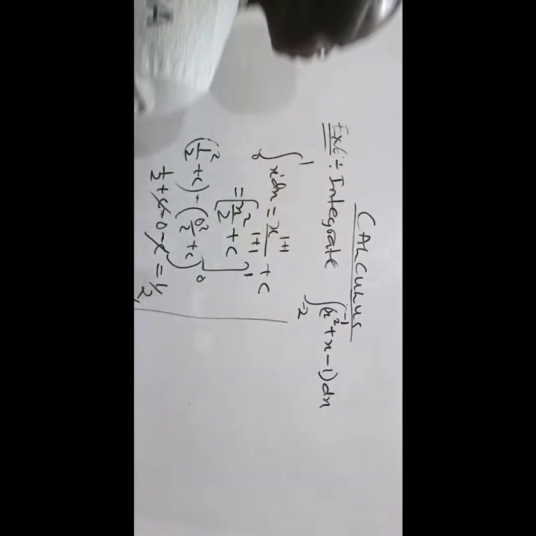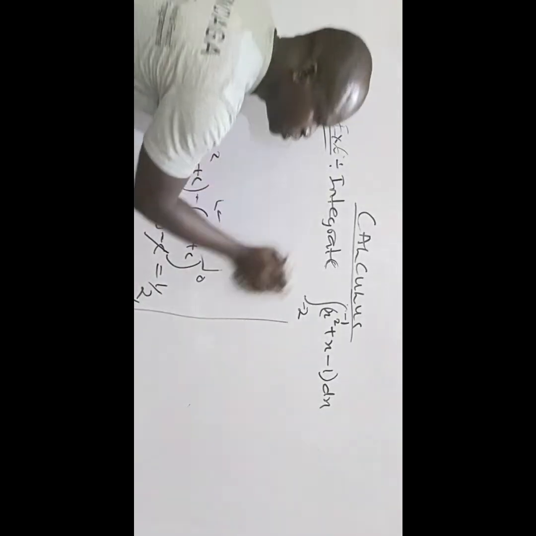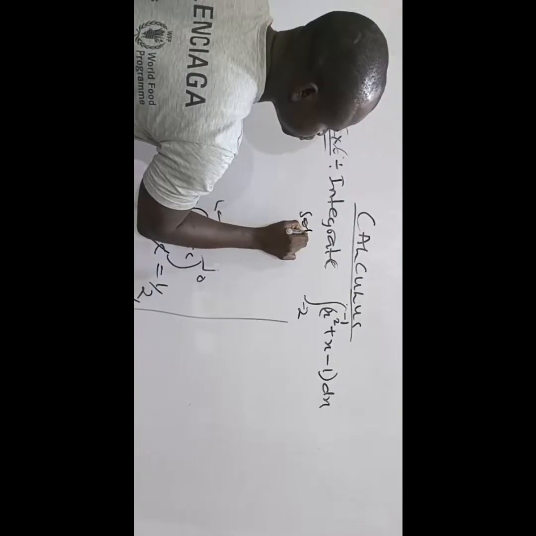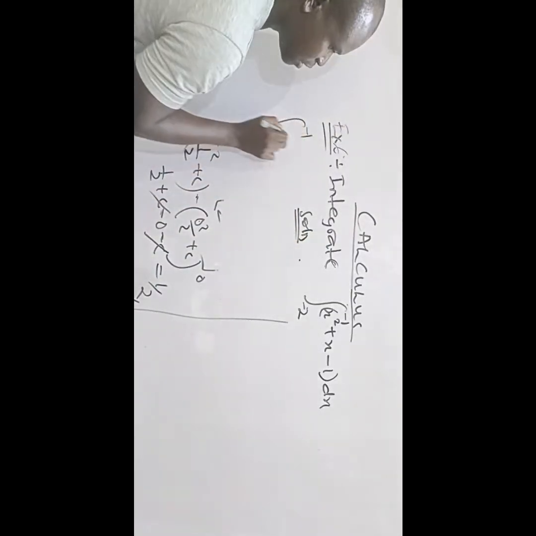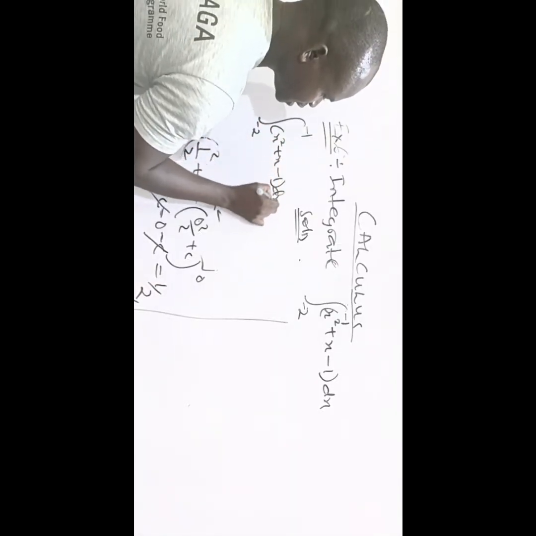These are the bounds. Since we have lower and upper bound, you don't need to put arbitrary constants, because at the end of the day, c will cancel c. What we're going to do is just write the integral from minus 2 to minus 1 of x squared plus x minus 1 dx.